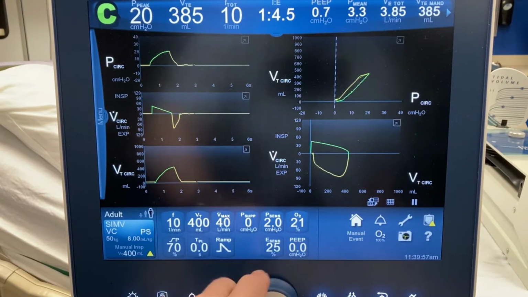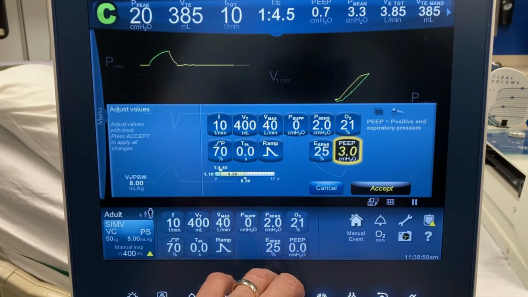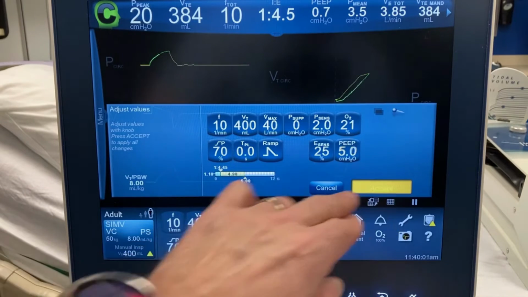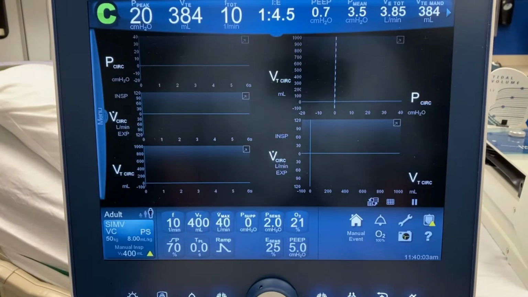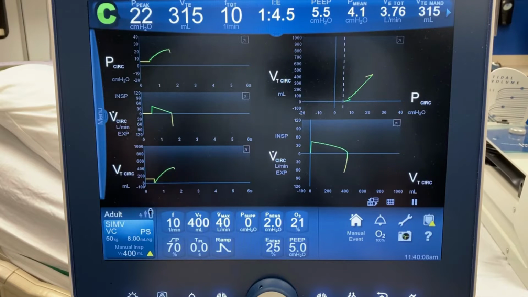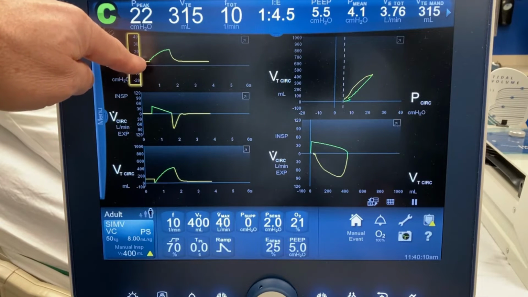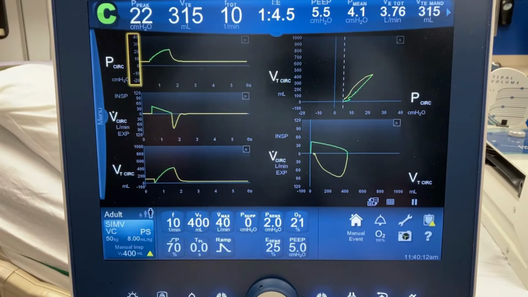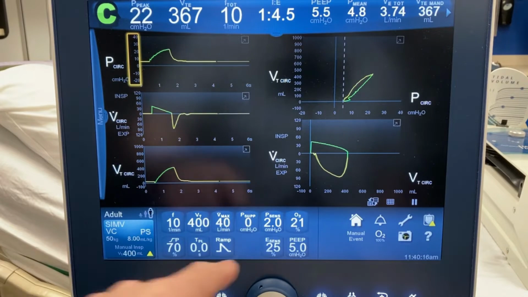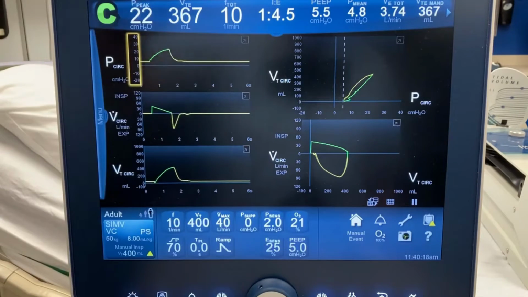So let's go ahead and add some PEEP. You can be thinking about what the waveform is going to do. It's going to change our baseline, and so now you see our baseline has moved up between the 0 and the 10 because we have 5 of PEEP set. And if we increase it farther, it'll go up farther.